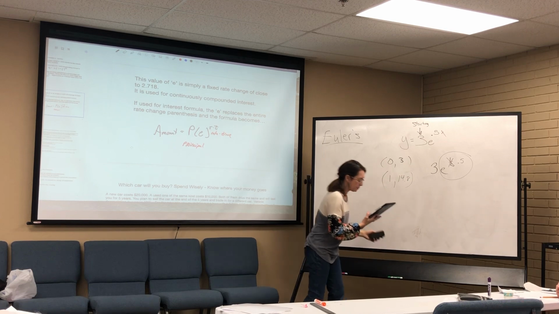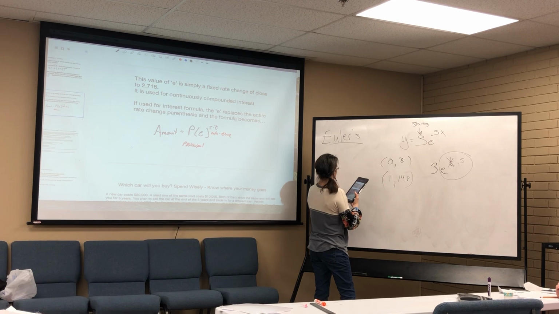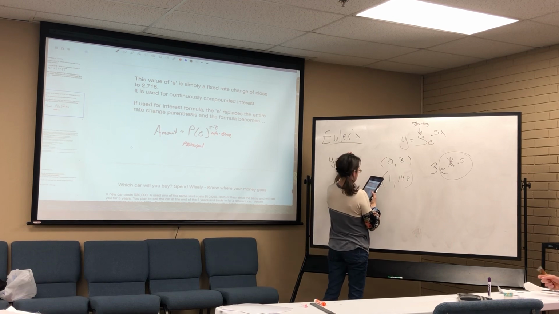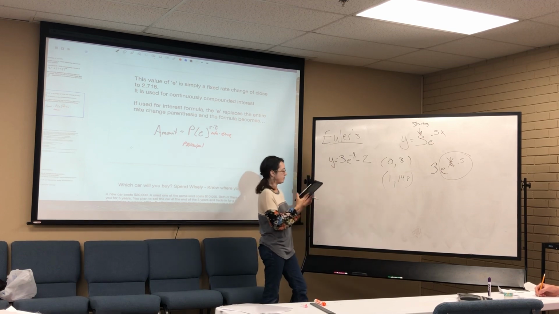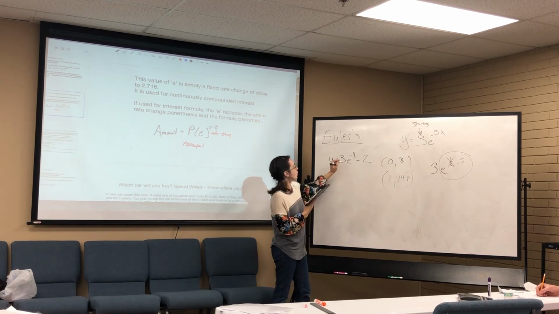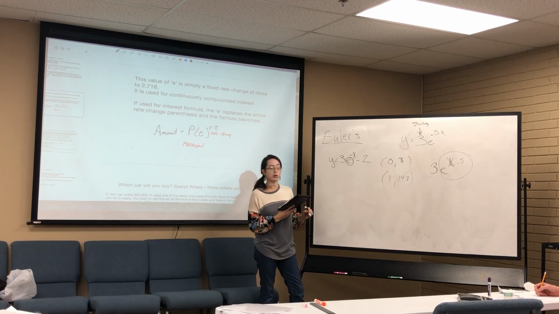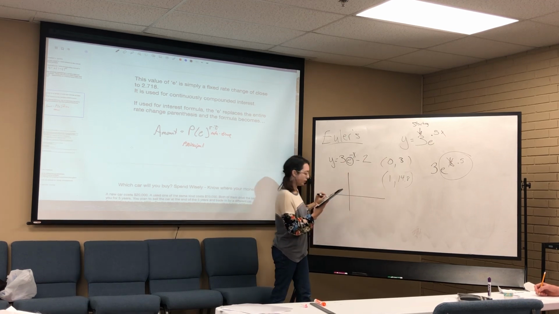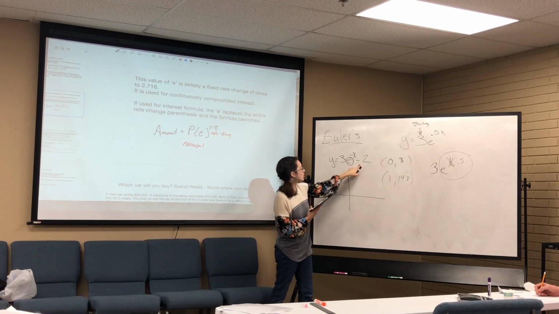Right? If we had, let's look at this one. So we know it has to be growth because our e value is greater than 1, but we can grow different ways, right? Where are we starting?